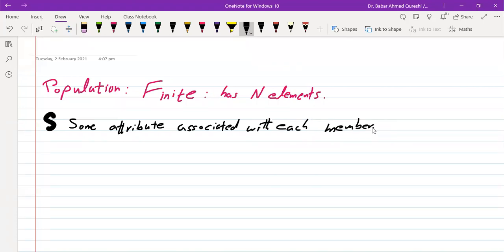Now this attribute would be something quantifiable. So it could be like height, salary, age, something like that, which you can give some number or some binary value, yes or no answer, or some categorical answer if you are in category 1, 2, 3, or 4. So in a sense, this thing can always be quantified. So it's a variable.